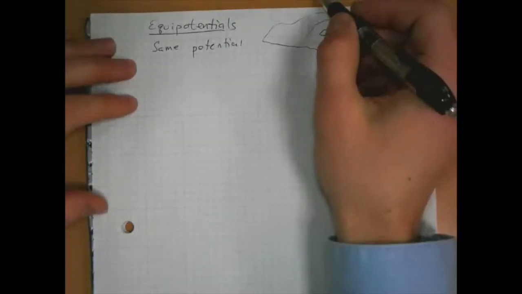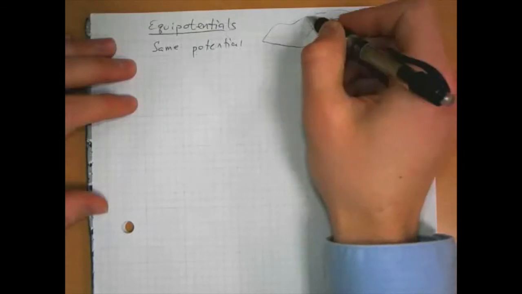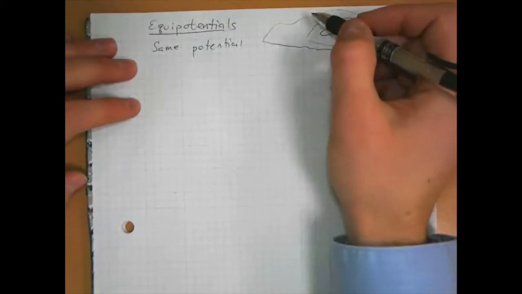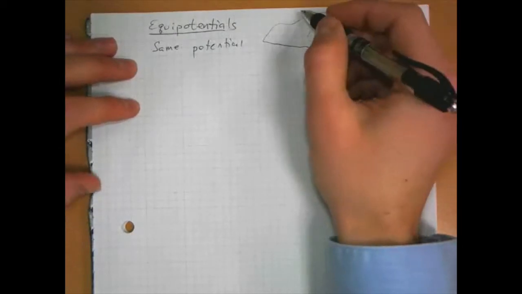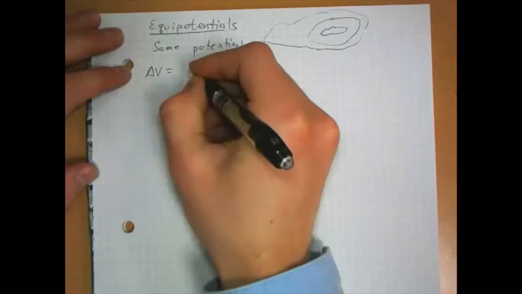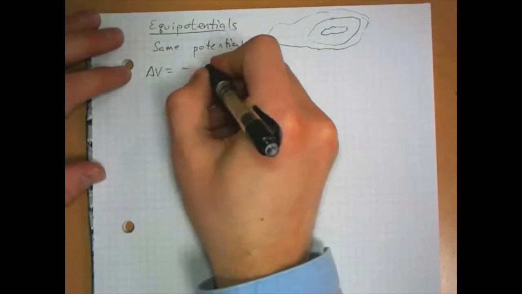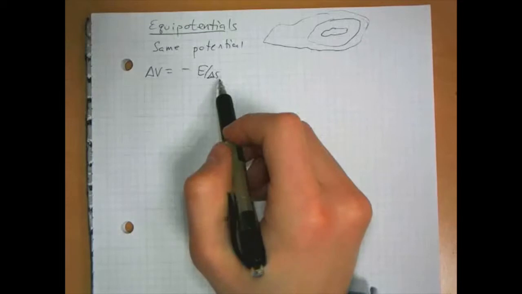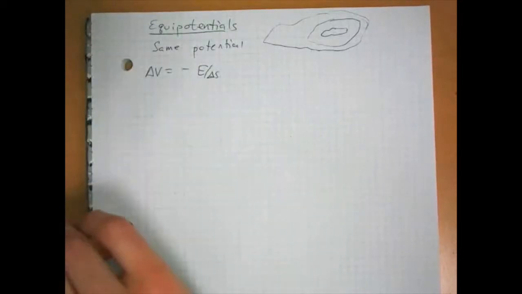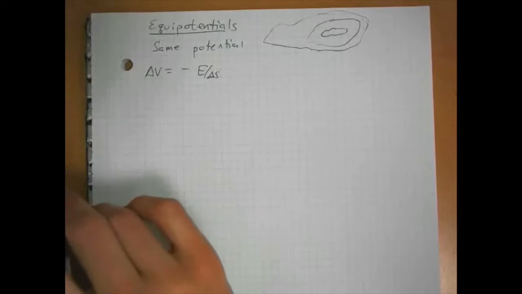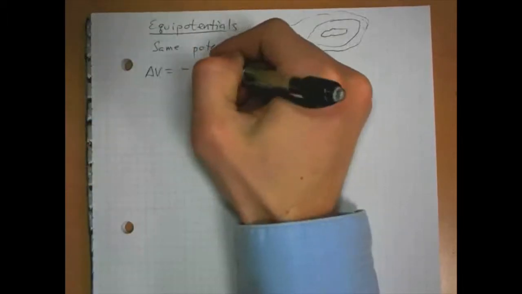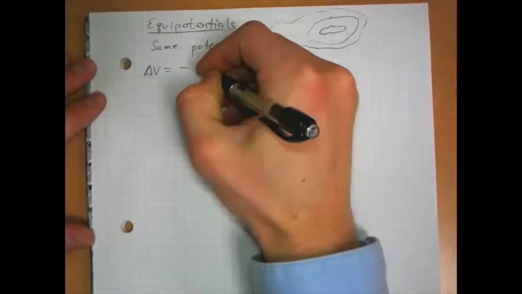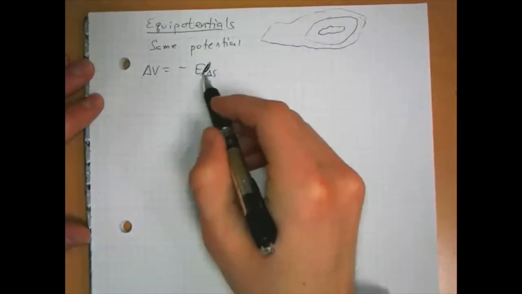And if the potential is constant along a given line, that means there's no electric field in that direction, meaning the electric field is perpendicular to an equipotential surface. We know the change in potential is minus E times delta S, where delta S is a displacement in the direction of the electric field.